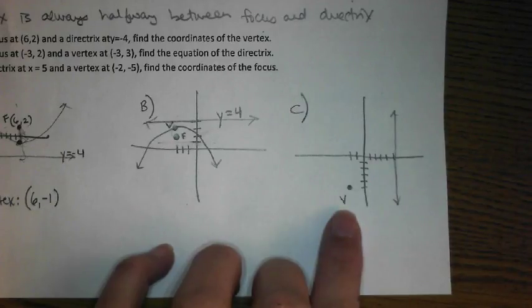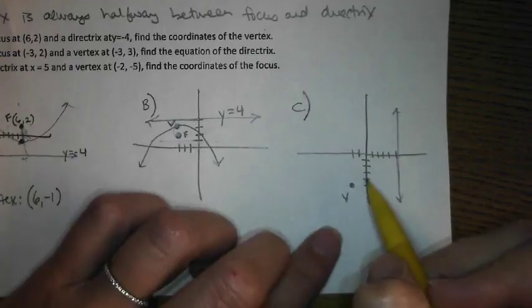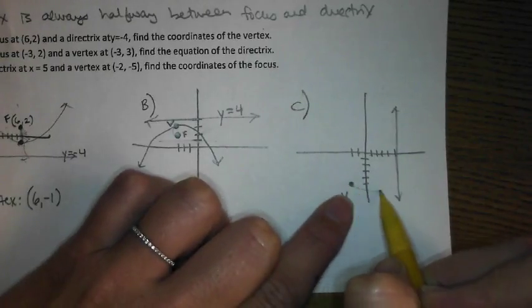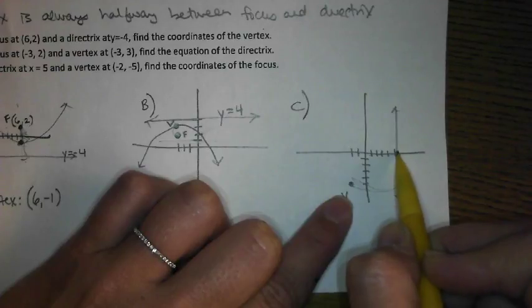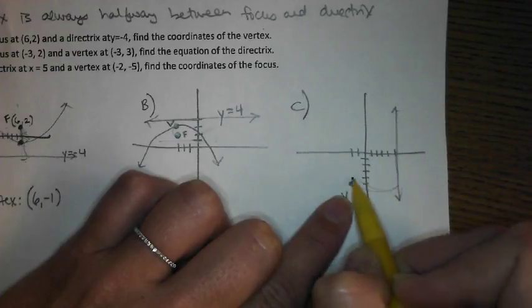Cameron? The focus is going to be a point, not a line. Aiden? Very good. Now, this is trickier, but look up here. The vertex to the directrix right now is 7 units, right? From 5 to -2, that's 7 units away.